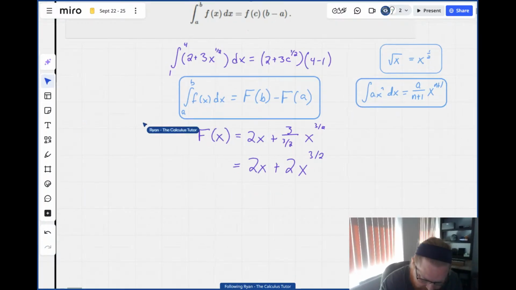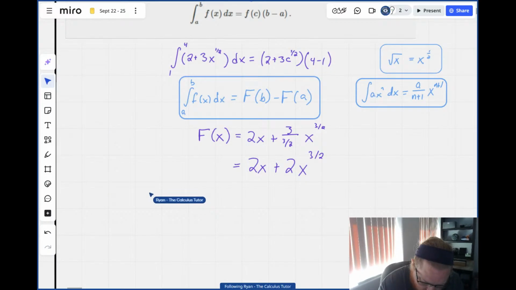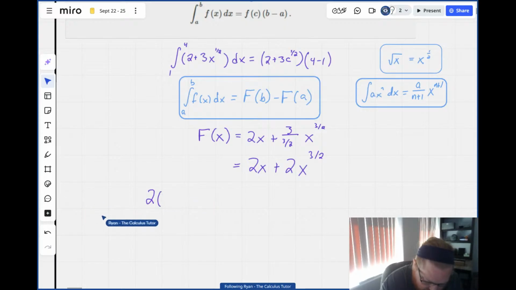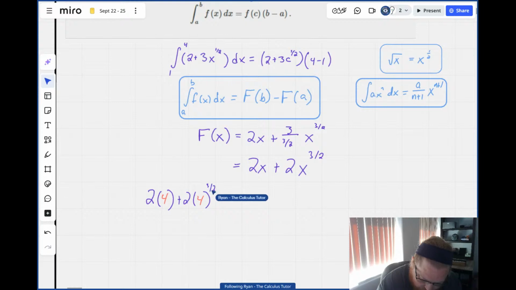We're going to figure out this integral right here. We know that it's going to be 2 times 4, because we plug in b first, plus 2 times 4 to the 3/2, minus 2 times 1 plus 2 times 1 to the 3/2.